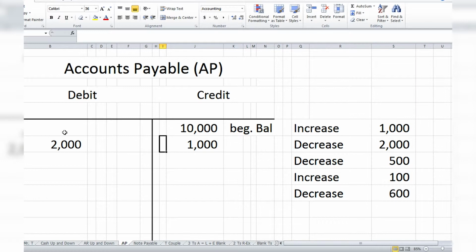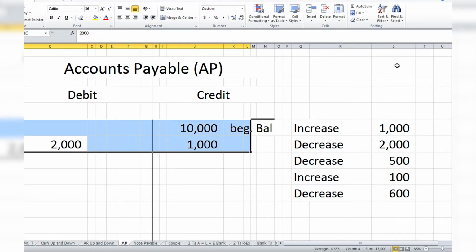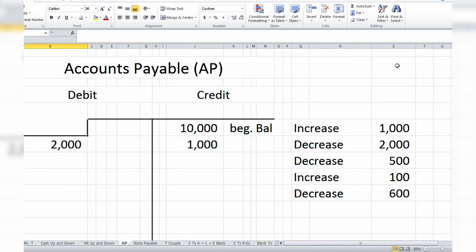These are your transactions. What's your ending balance? We have an initial owing of 10,000, then another, and then we reduced it, probably a payment in cash.